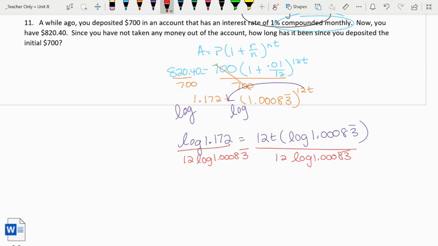All right, so if we do this, we would do log of 1.172 divided by log of 1.00083, and then also divided by 12. That gives me 15.87778, which is pretty darn close to 16 years.